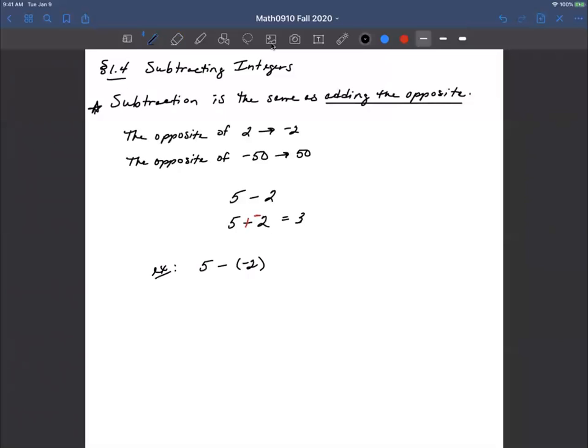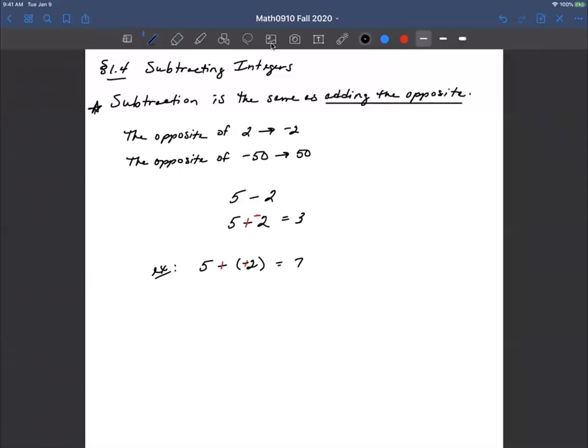Now, if you use your traditional ideas of subtraction, this one doesn't become quite as obvious. But if we take the idea that this subtraction problem is the same as saying add the opposite of -2, then now we can clearly see that this is the same as saying 5 plus +2, which is 7.